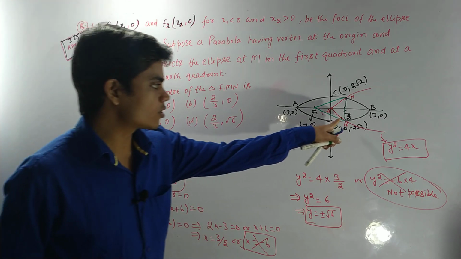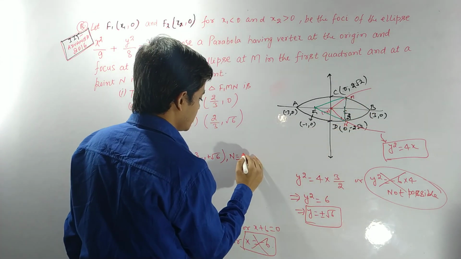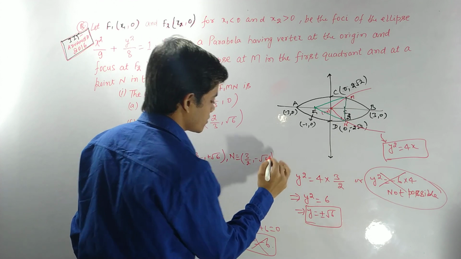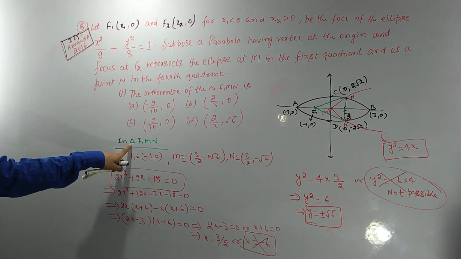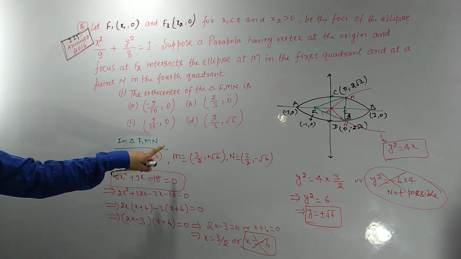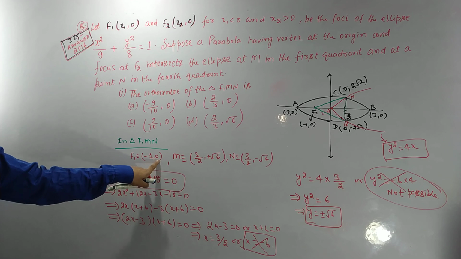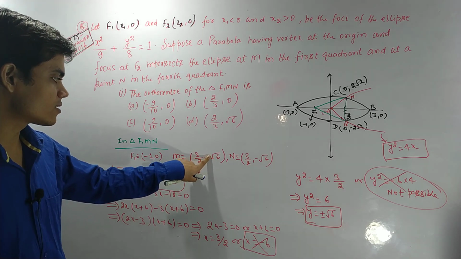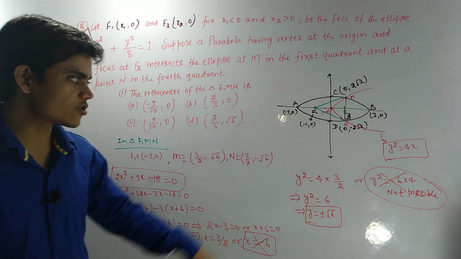In the fourth quadrant, this is the same straight line, x is equal to 3 by 2, but your y is minus under root 6. Is this all right? So we were interested in this triangle F1MN, and we already had F1 as minus 1 comma 0, M as 3 by 2 comma plus root 6, and N is 3 by 2 comma minus root 6.